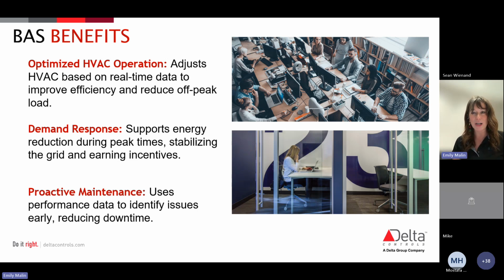Some of the different strategies that can be in place when you start to think about things like this, we've actually seen folks utilize Bluetooth to talk to your building, so it can see how many people are in a conference room at one time or in a study room at one time.